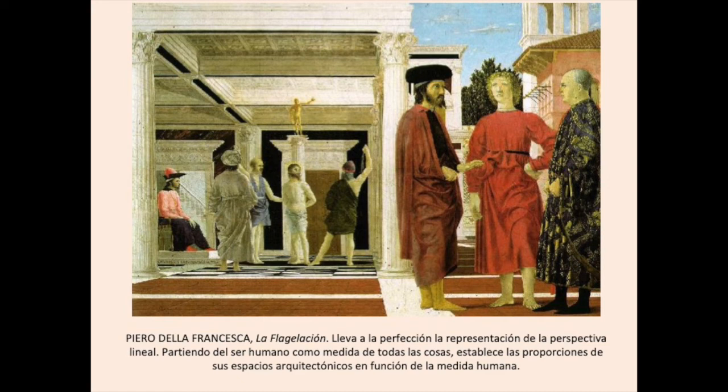Yes. Also, the classical elements, you see there the classic columns. You see also the flat ceiling with these squares dug into the ceiling. Yes, a covered flat ceiling or flat roof. Yes. And what else? The linear perspective.